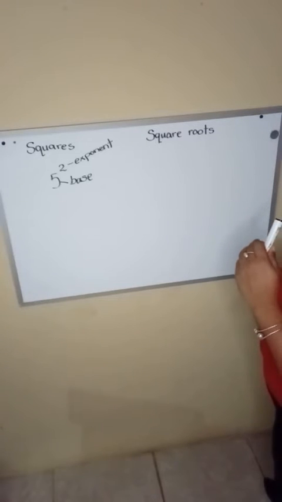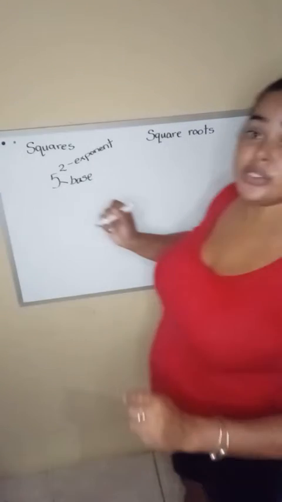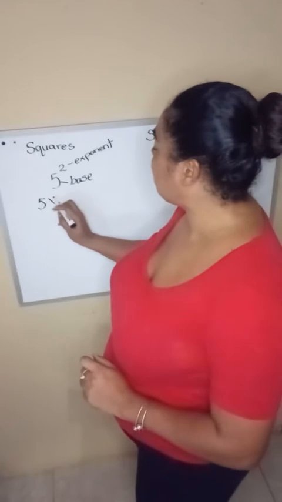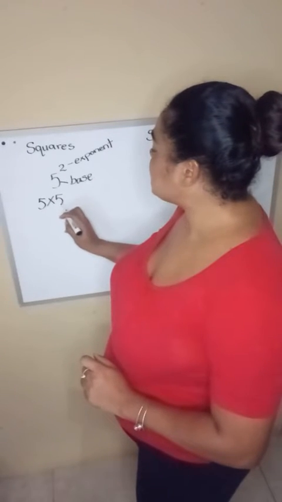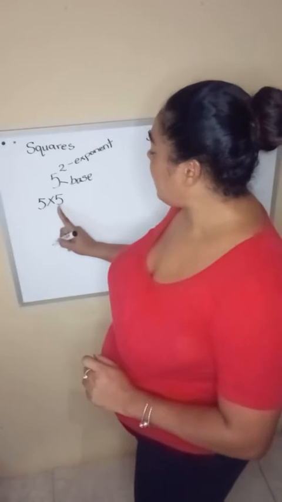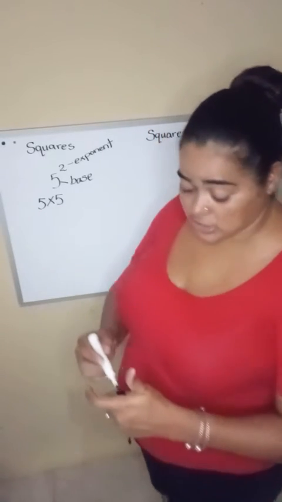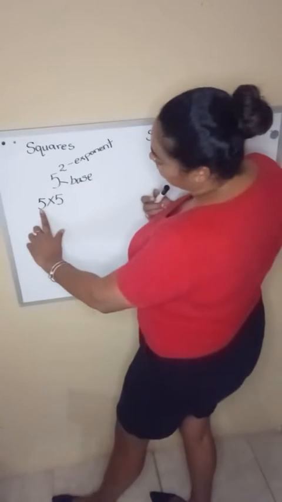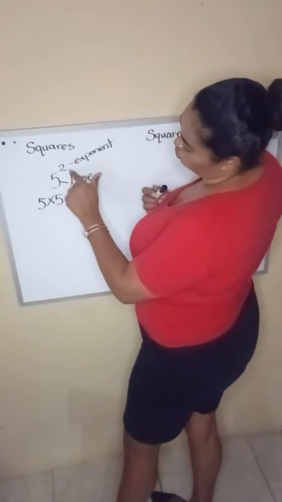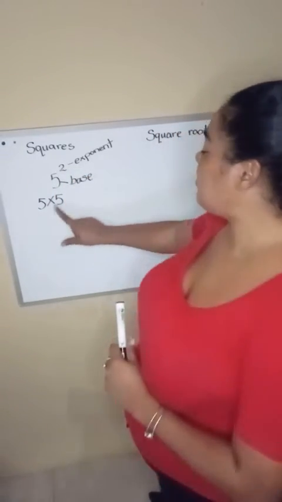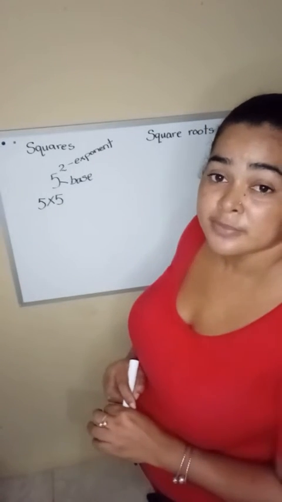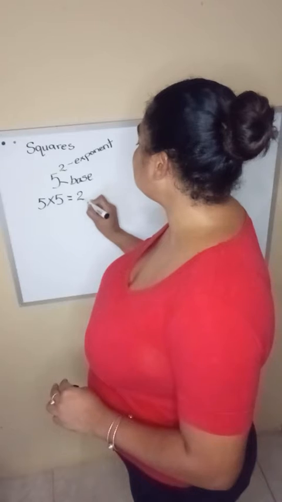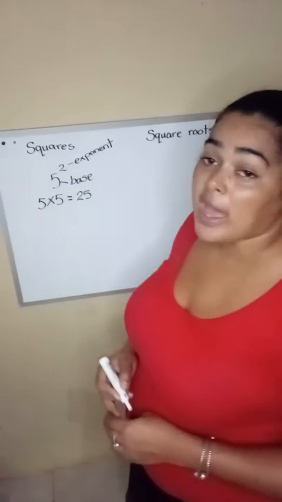So, we're going to multiply. There's going to be 2 of this number. 5 by itself. See, 5 and 5. That tells you how many of that number will be there. See? 5, 5. See? 2. Okay? Now, 5 times 5 will give us what? 25, right? 5 times 5 is 25.